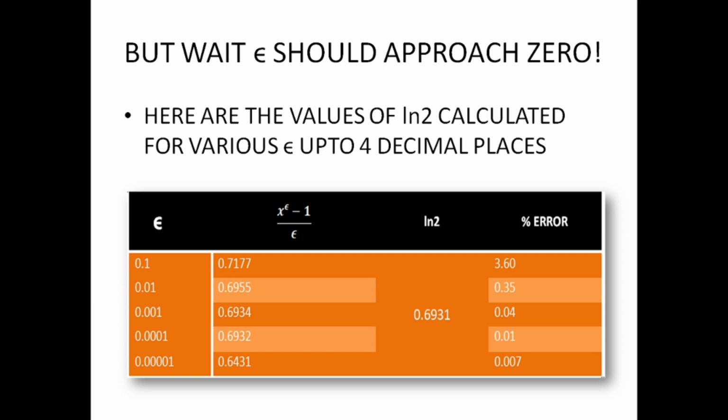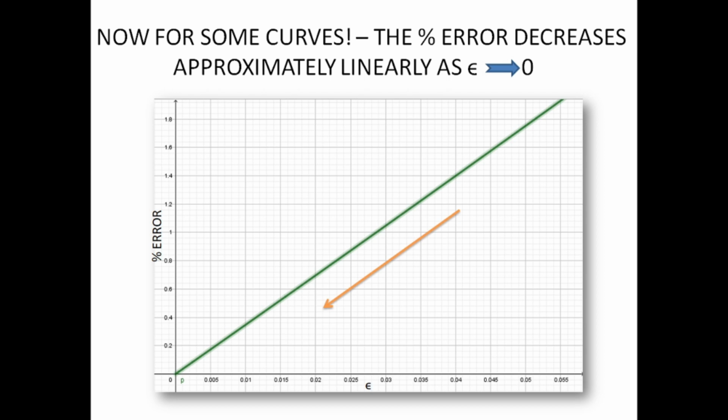And that falls very softly, and the last entry is 0.007, that's not 007, James Bond, error percentage. Okay, that's cute. So for some curves, the percentage error decreases approximately linearly as epsilon approaches 0, as you can see from this beautiful little plot.